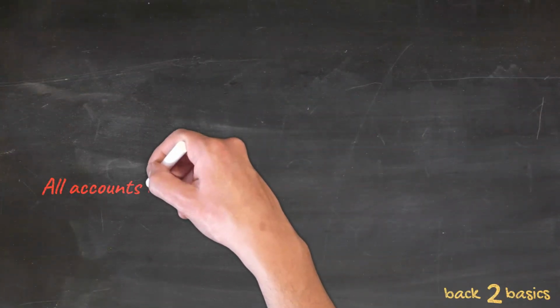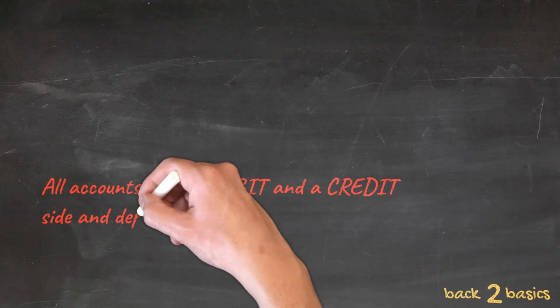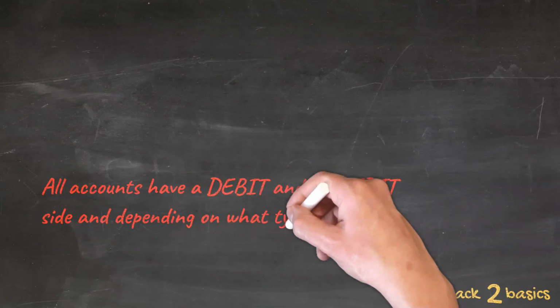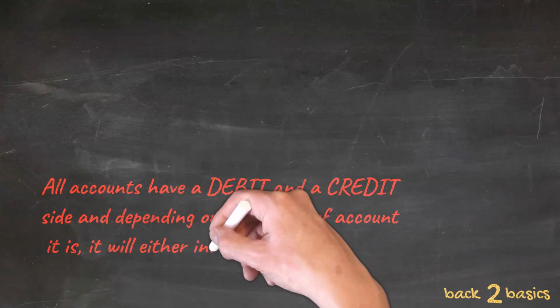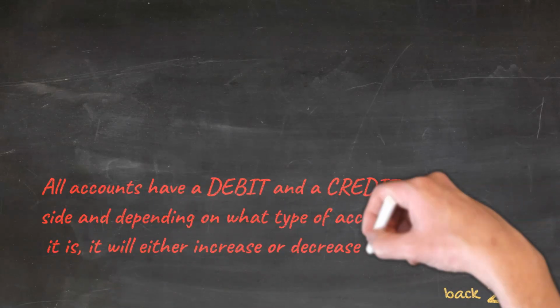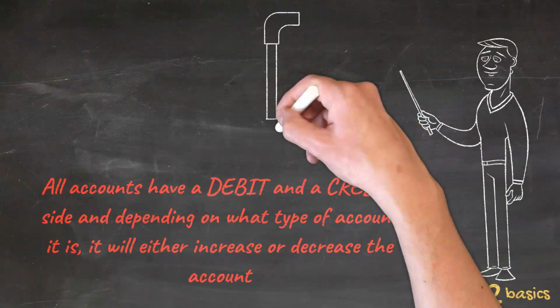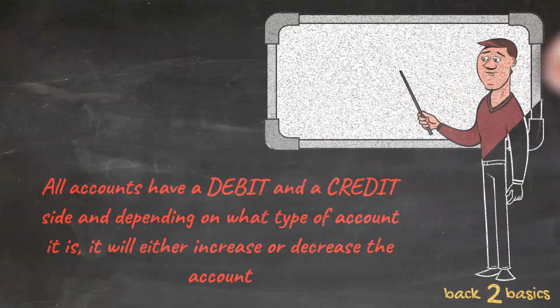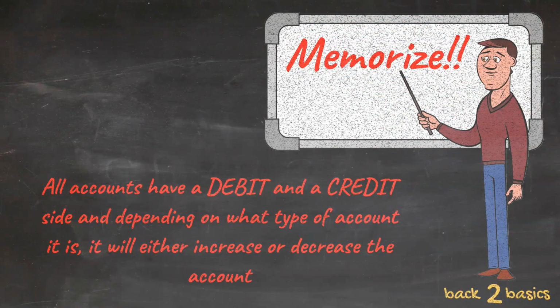Remember, all accounts have a debit and a credit side, and depending on what type of account it is, it will either increase or decrease the account. So if I can give you a word of advice, memorize the basic account types and memorize whether it is increased or decreased by a debit or a credit entry.